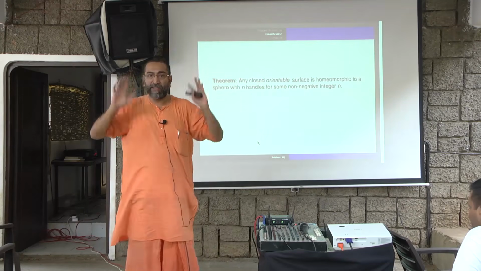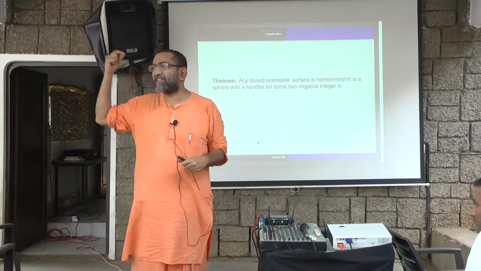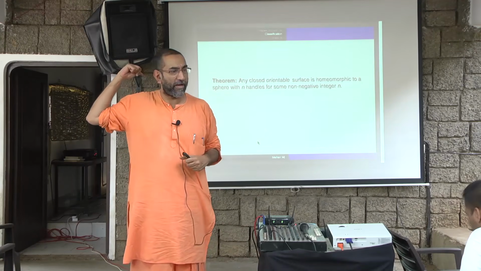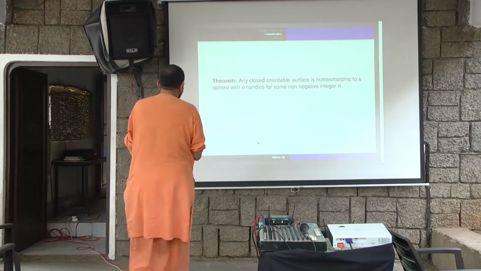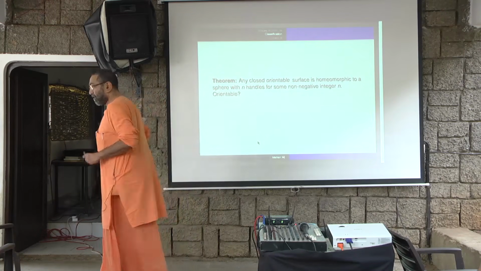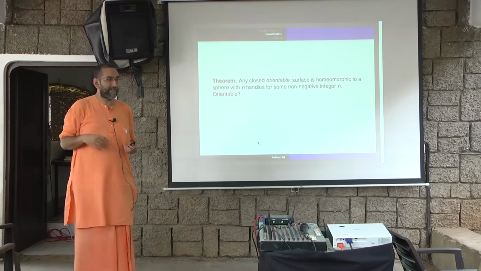And that's it. The mathematical theorem says that's it, with this extra hypothesis of orientability. We'll have to say a little more about what orientable means. Roughly, it means that the surface has well-defined sides.